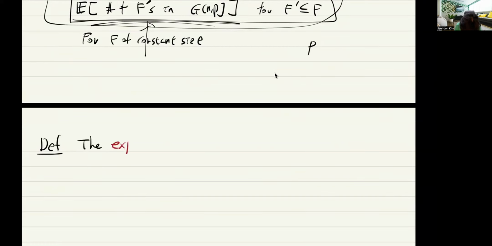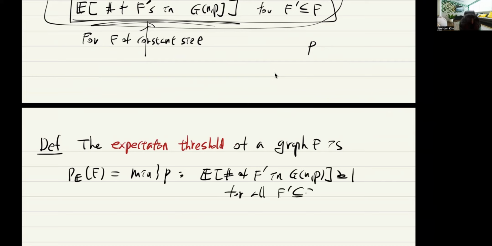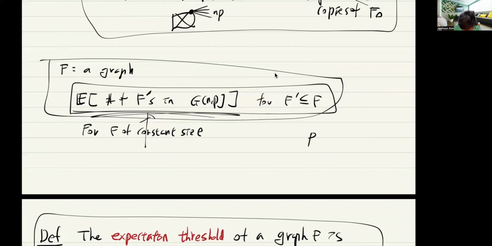And this motivates the following definition of expectation threshold of a graph F. It is the minimum p such that the expected number of F' in G(n,p) is at least 1, say, for all F' that are subgraphs of F. And it's known that this actually gives the correct threshold for any specific fixed graph.